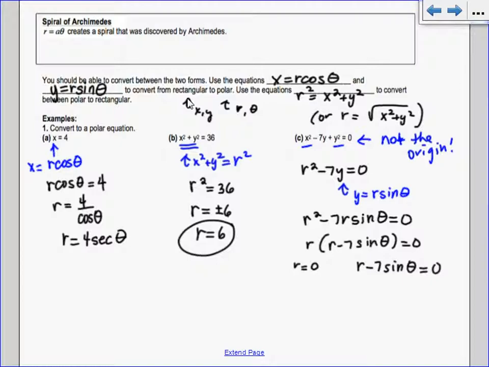It actually ends up being an ellipse. If you think about your algebra 2, x squared plus y squared equations are the ellipse equation. Okay, so it's not the origin. So what happens is it's going to be this equation, which is r equals 7 times sine of theta. And this is the one that we're looking for. When we have something like that, the r equals 0 is not what it is. It ends up being r equals 7 sine of theta. And you can try to graph it to see if you use something like Grapher on your computer.